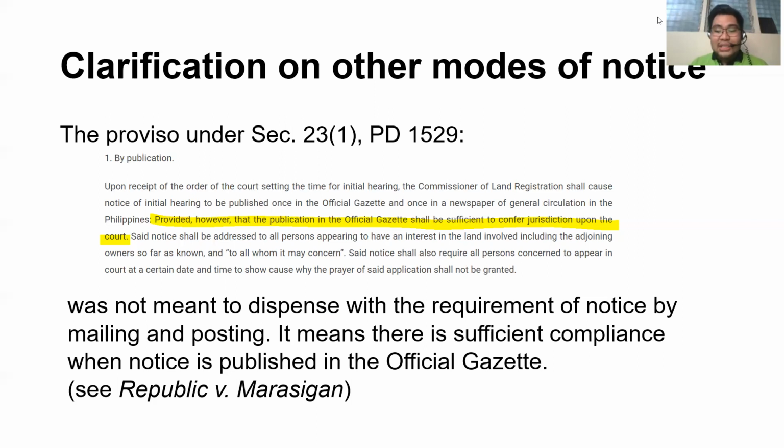It is obvious in Section 23 itself. If the intention of the law were otherwise, said section would not have stressed in detail the requirements of mailing of notices to all persons named in the petition who, per Section 15 of the decree, include owners of adjoining properties and occupants of the land.